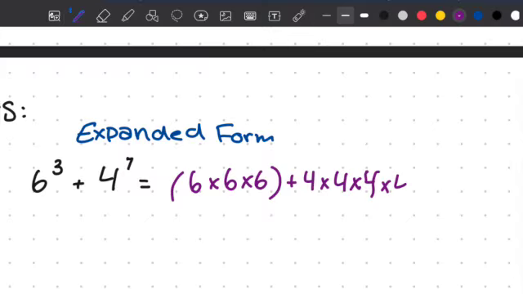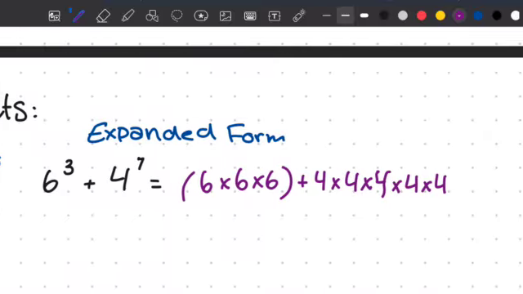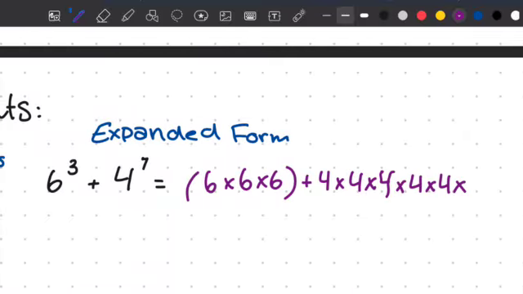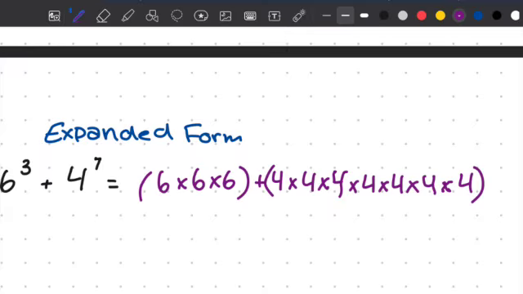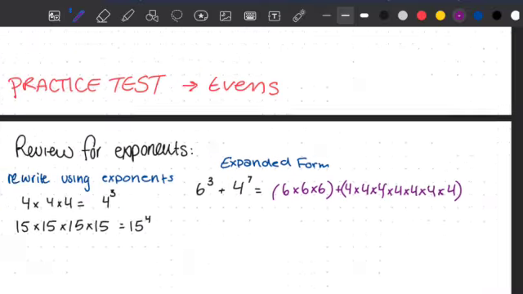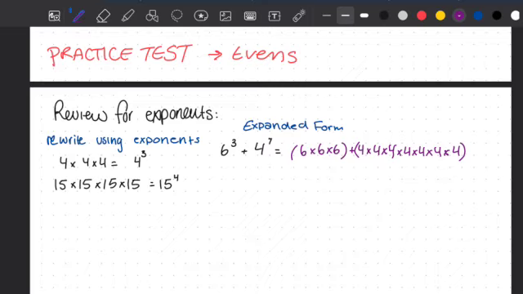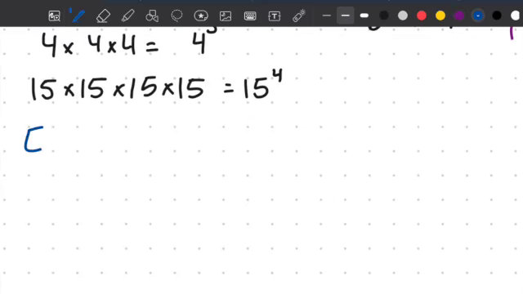Oh my goodness, I shouldn't have written out the number 7. Okay, so that's what this would look like here. Does that make sense?